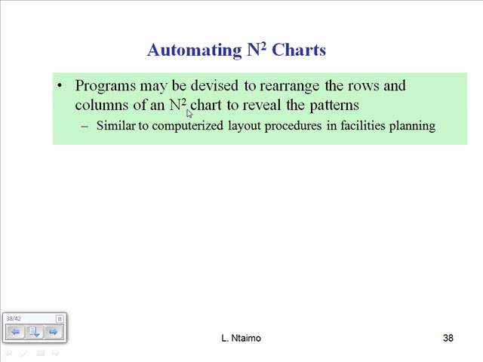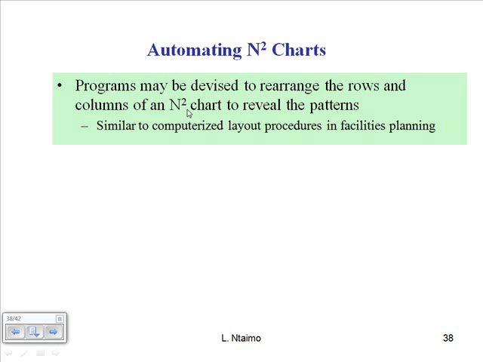Those of you who've taken facilities planning 416, if you remember, you used layout procedure designs, some computerized software, where you were trying to decide on the layout, right? So you look at the adjacency of the different entities within your layout, and you try to find the best layout, right?